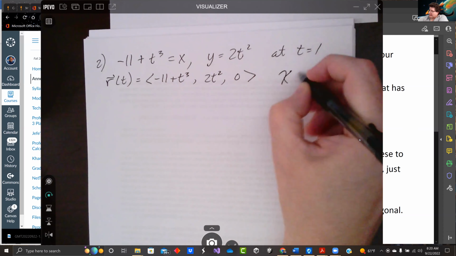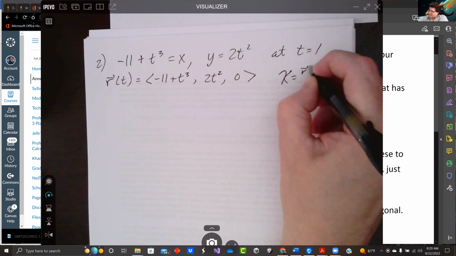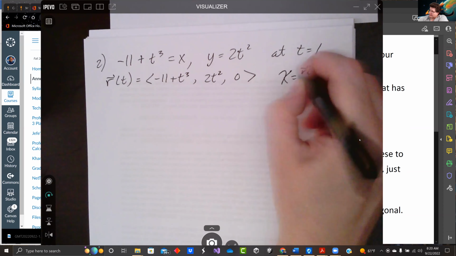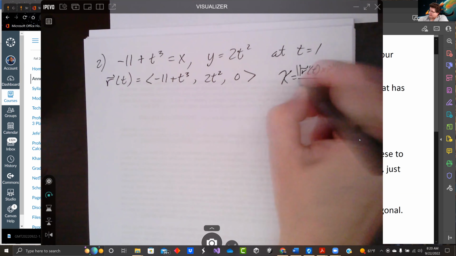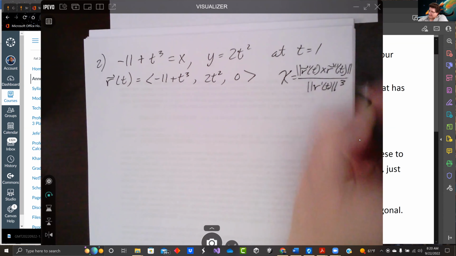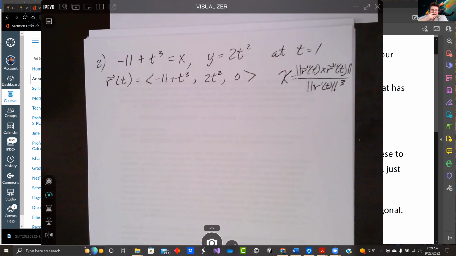Recall where we're going with kappa is r prime of t cross r double prime of t. We're going to take the magnitude of that and divide by the magnitude of r prime of t cubed. That's kappa. So we need the first two derivatives, the magnitude of the cross product, and the magnitude of the first derivative.